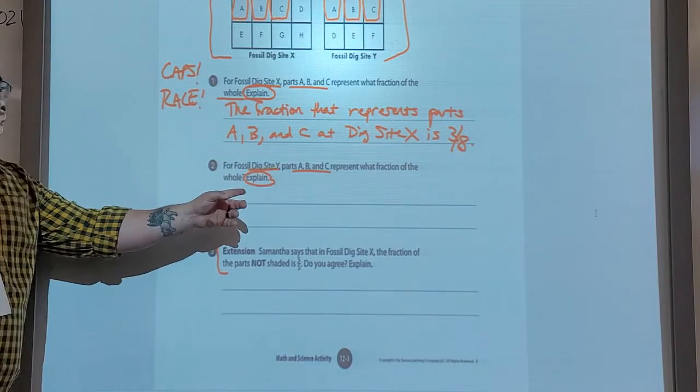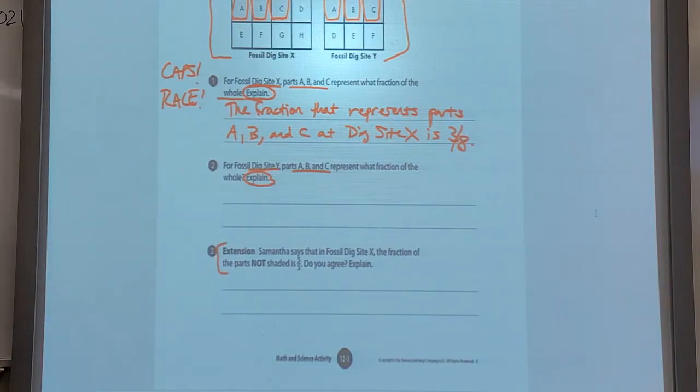The second one, what does the second question say? Ariana? Yes. So for the second one, we're doing the same thing.